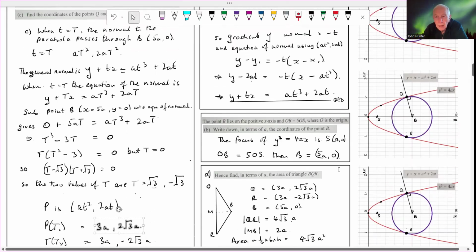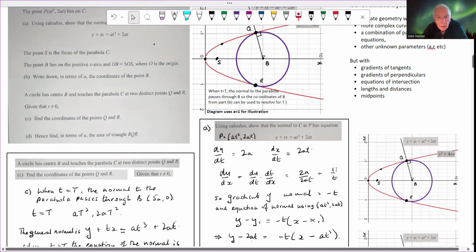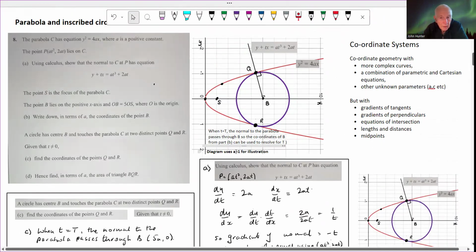Okay, so yeah, it's a bit of a tricky problem, but most of it, to be honest, is just plodding through calculations. I think the two difficult things in this one in particular are the fact that we've got the parameter t and the x and y's mixed up, and so that takes a little bit of unpicking.